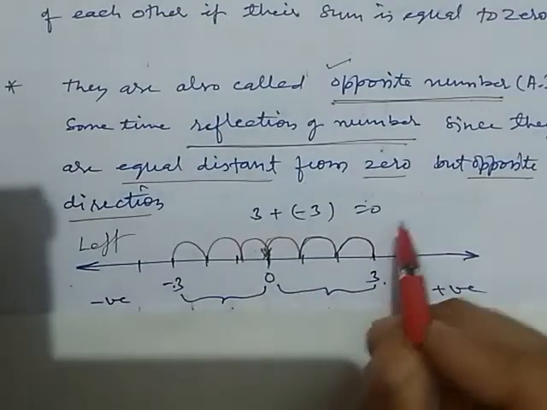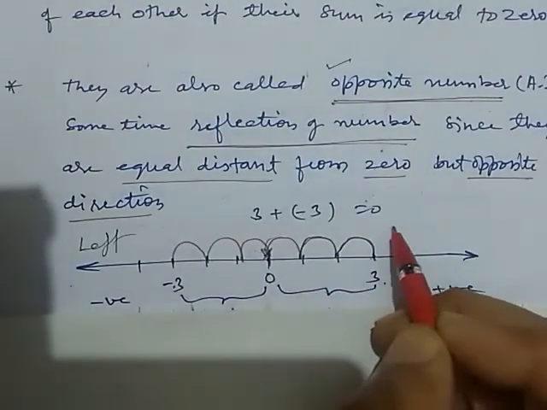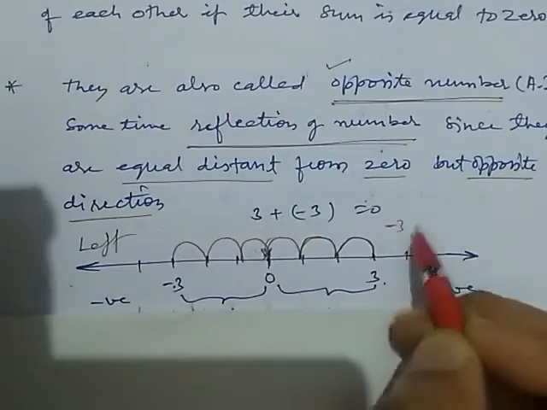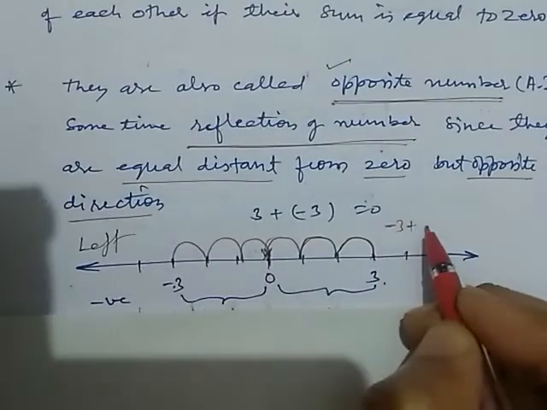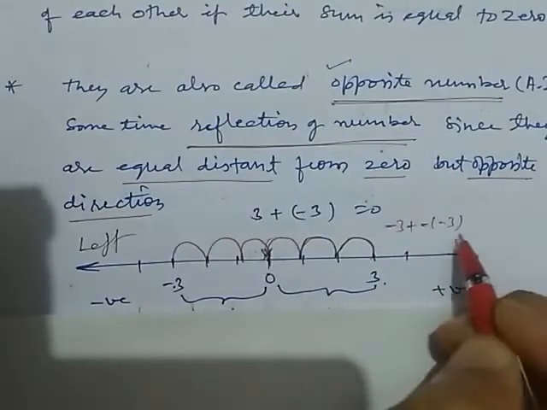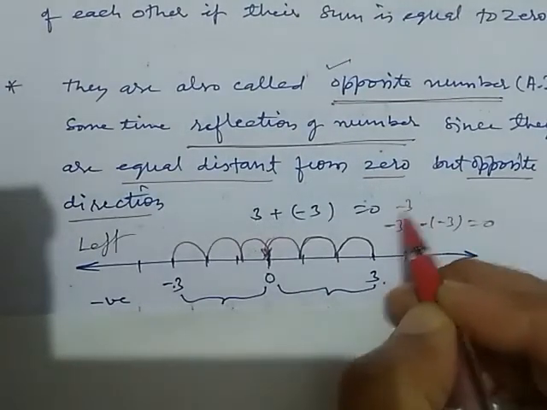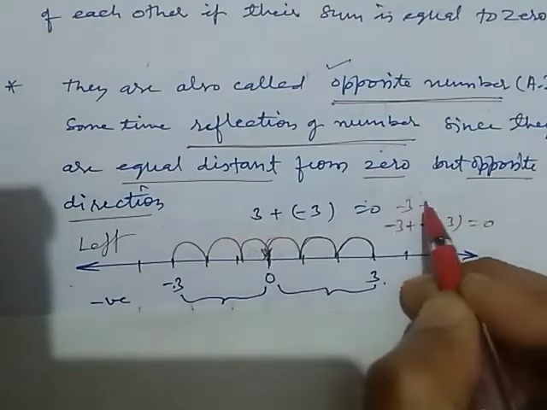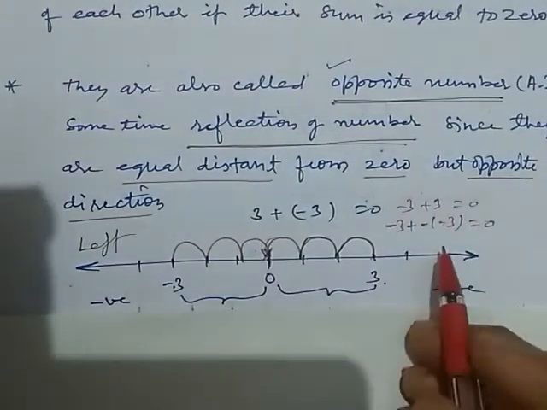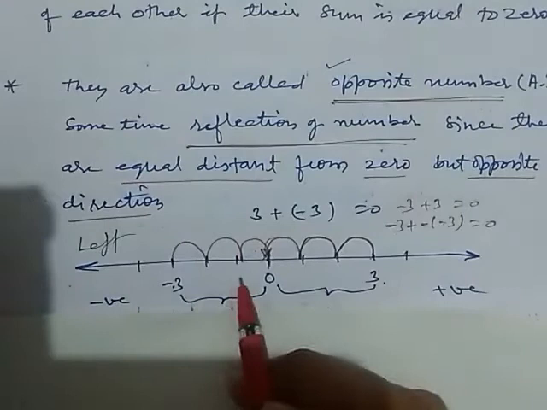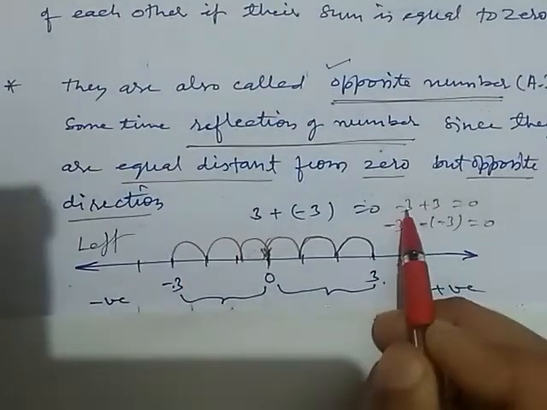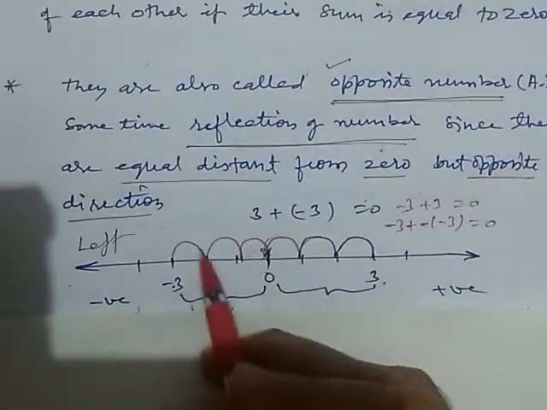And the converse of this means minus 3 plus the negative of minus 3 equals 0. How? This minus 3 and minus into minus is plus, equal to 0. So now first we plot minus 3, 1, 2 and 3.